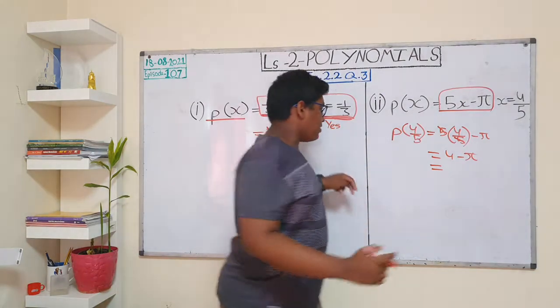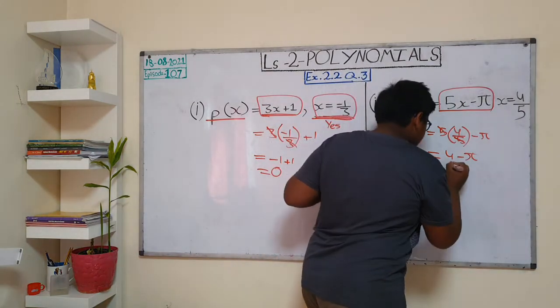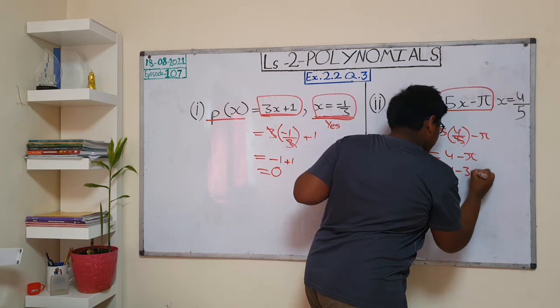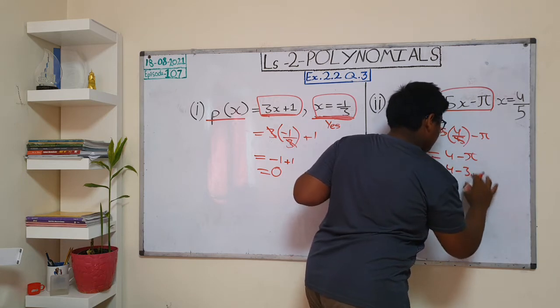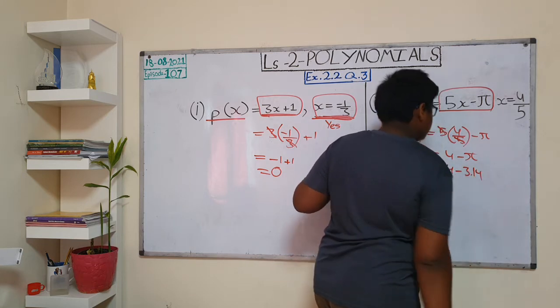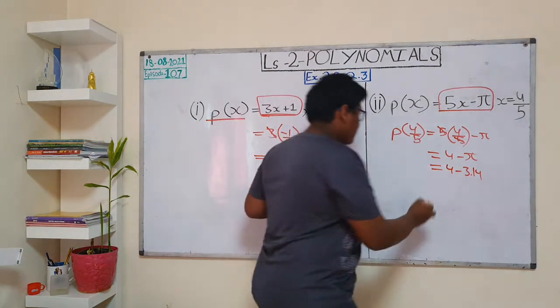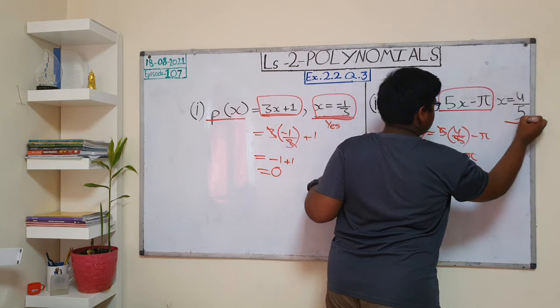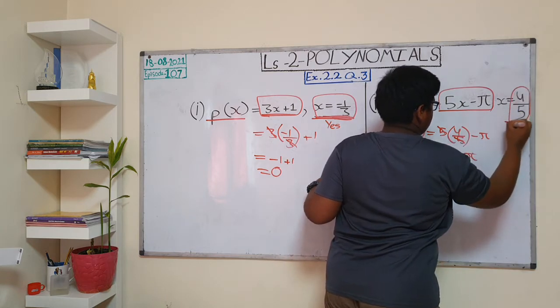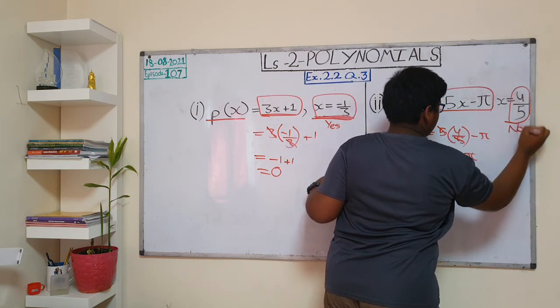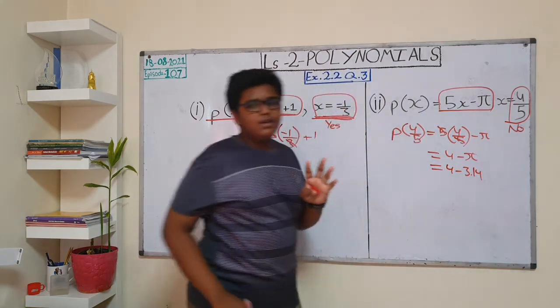Even if we take 4 minus 3.14, the value of pi, and subtract it, we are not going to get 0, right? So we can tell that this is not a zero of the polynomial. We can just write no.